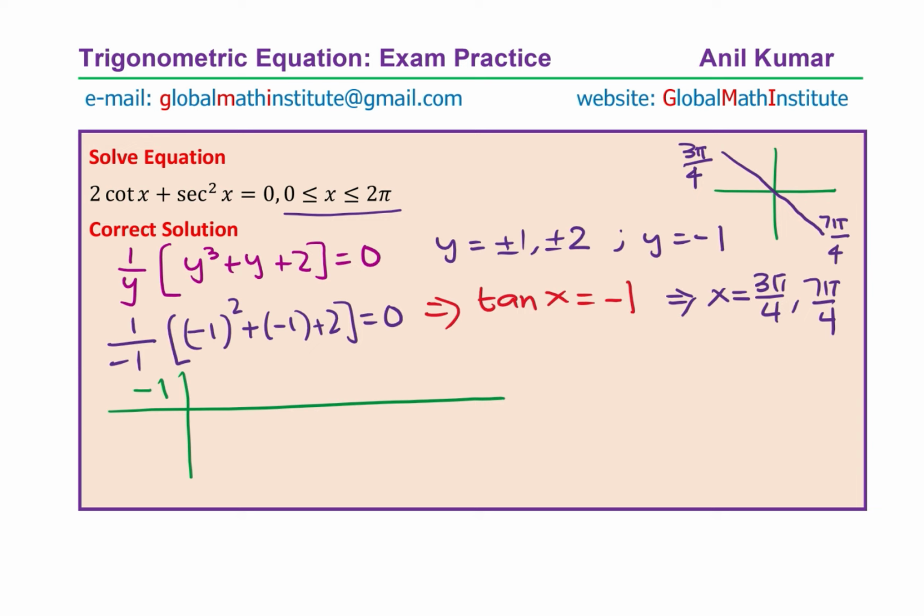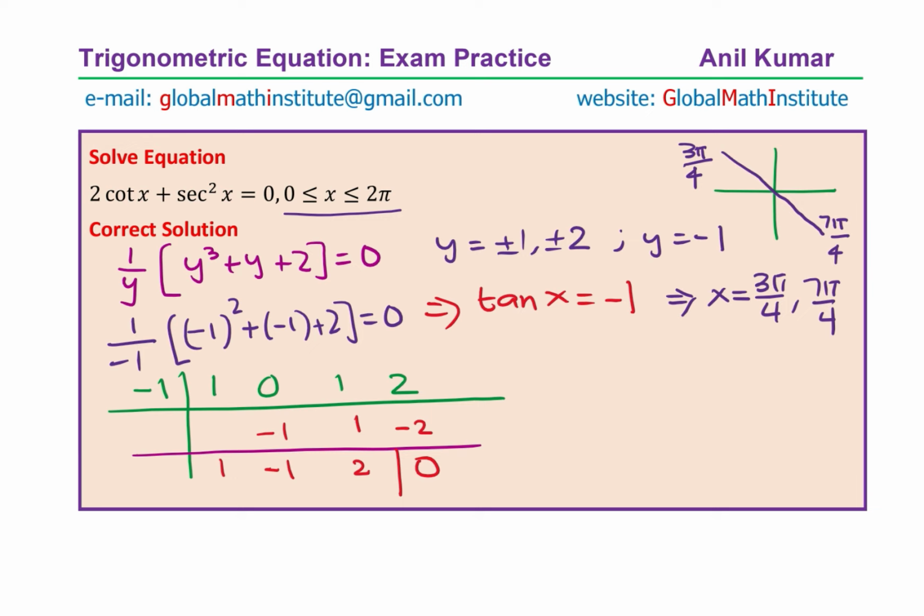The coefficients here are 1, 0 for y square, 1 and 2, right? So writing the values, taking down 1, multiplying by minus 1, adding, we get minus 1. Multiplying, we get again 1, and add 2, and remainder 0 as expected.